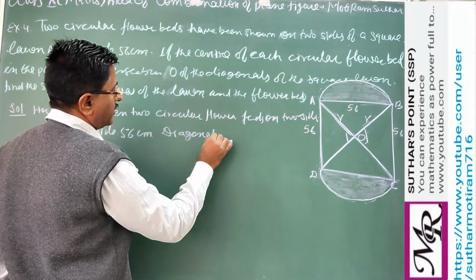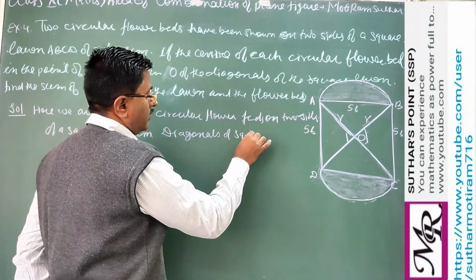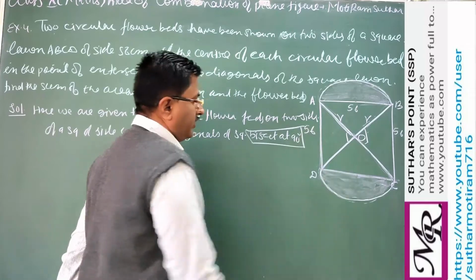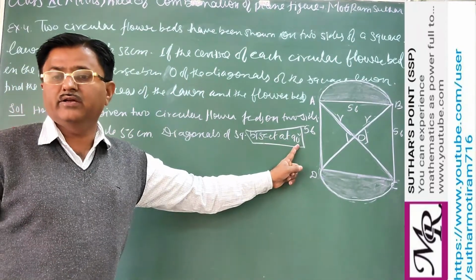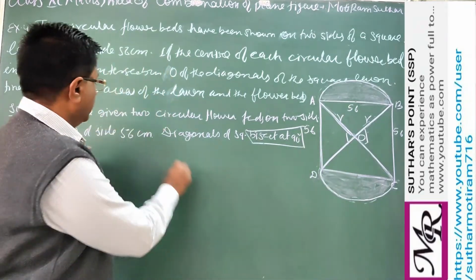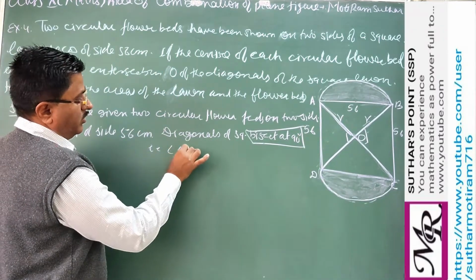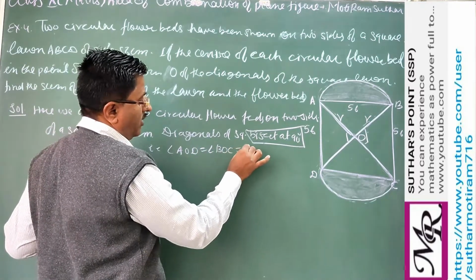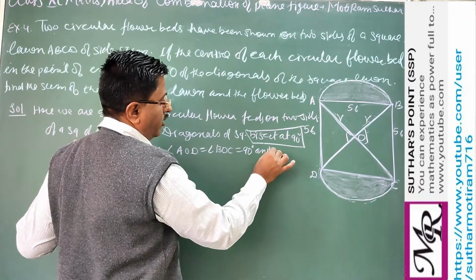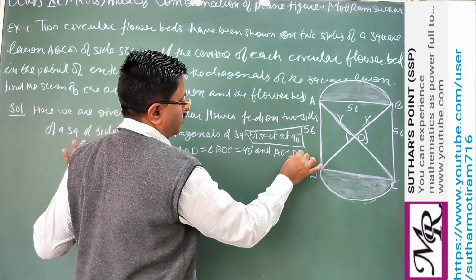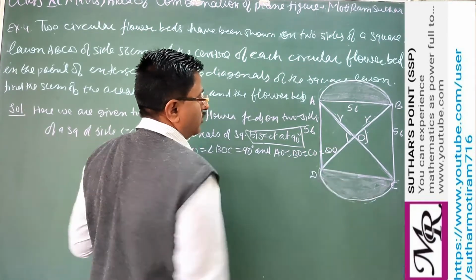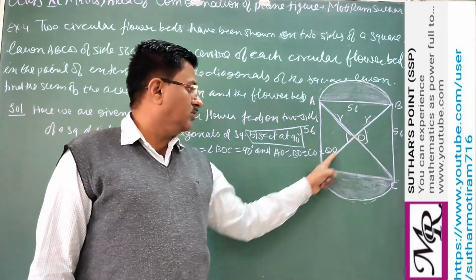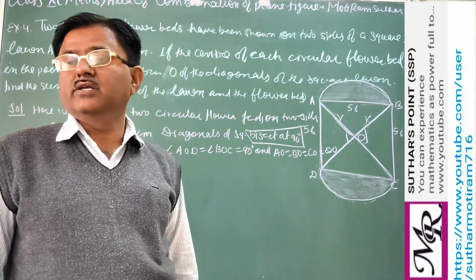Using this property, the diagonals of a square bisect at 90 degrees. So each angle, AOD, BOD, BOC, any of the four angles, is equal to 90 degrees. And also AO equals BO equals CO equals DO. All are equal because they bisect each other. Clear?